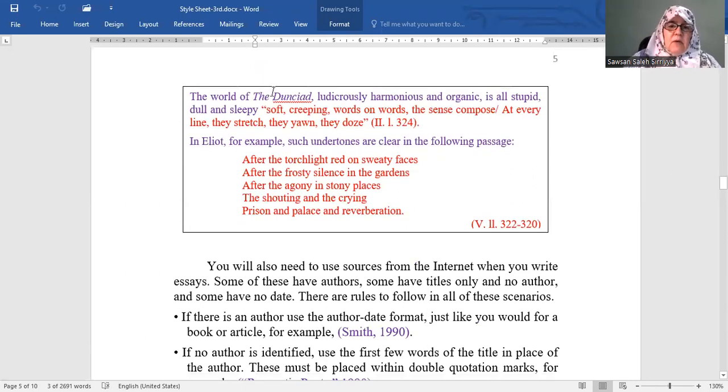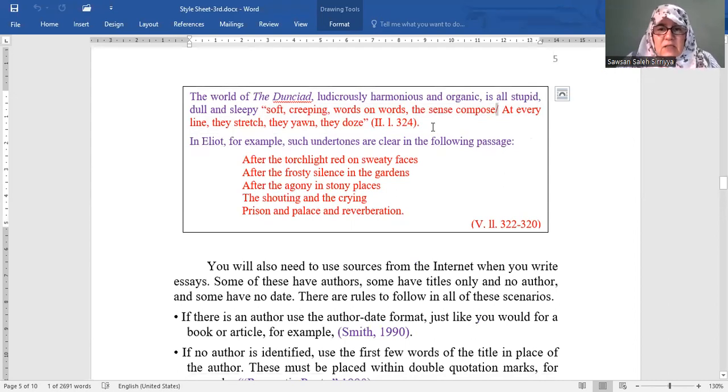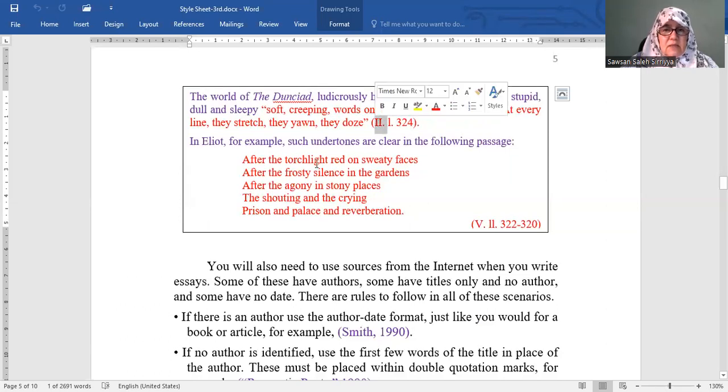Okay, it's a very long poem. When the writer quotes 2 lines, I separate them by this slash. When 2 lines are written inside the body, we separate them by this slash. You see here, this is the stanza, the second stanza, and this is the line.